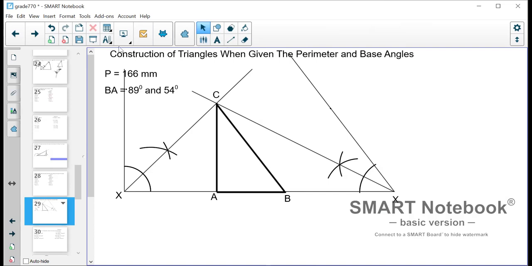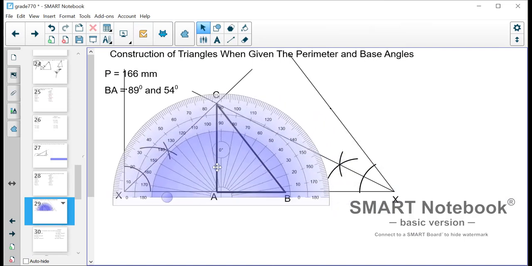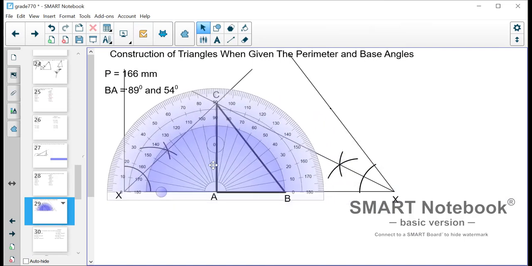Now, if you take your ruler, you measure all three sides and you add the three of them, it should give you 166. Likewise, if you take your protractor and you measure the base angles, for example, this angle here, it should be 89, which is very close to 90.